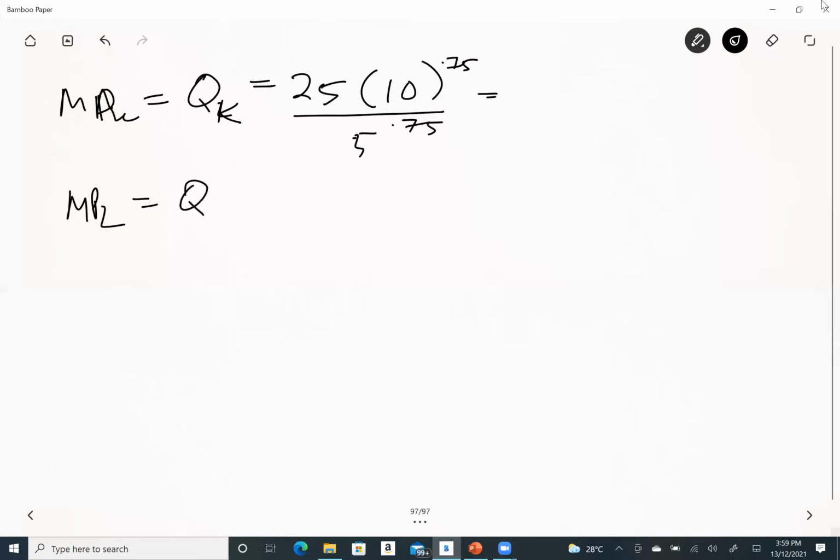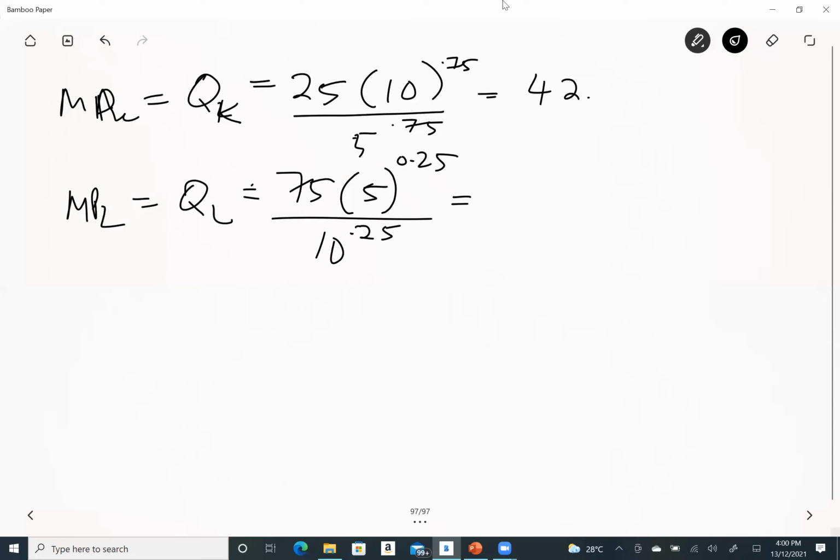For MPL, you got QL, that will be equal to 75 times 5 to the power of 0.25 divided by 10 to the power of 0.25. Anybody get it? The first one for K is 42.04. Is that right? Somebody check. Yes, okay, good. Now MPL?